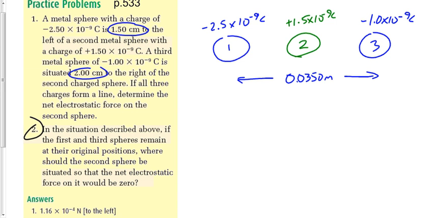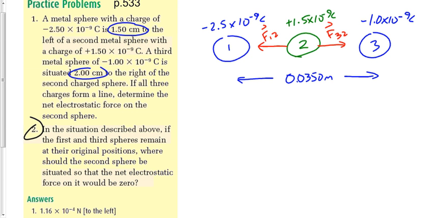Let's just make sure we got the directions right here. Number 1 pulls number 2 this way. We'll call that F12 because it's an attractive force. Number 3 pulls number 2 this way because, once again, it's an attractive force. Force 1,2 is opposite to the direction of force 3,2. That's good. If we want the net force to be 0, we have to have 2 forces balancing each other.